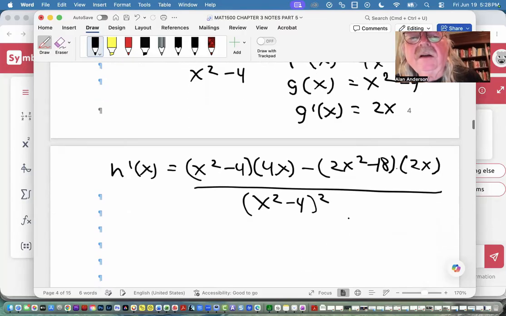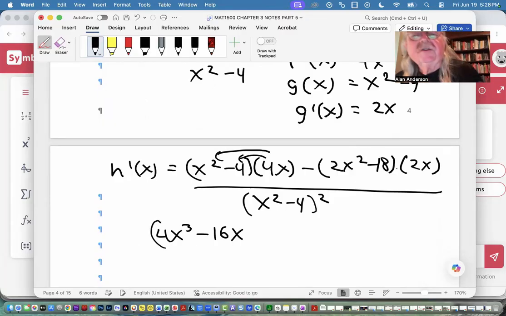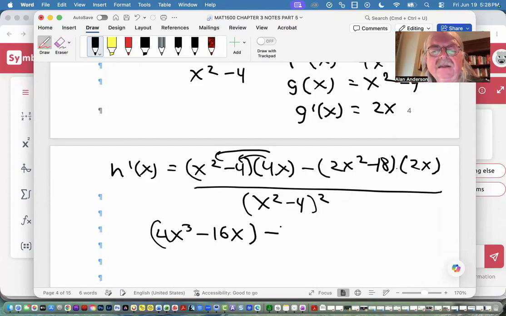Now, keep in mind, our interest here is in finding out the values of x at which this expression is equal to 0. So let's do this. I distributed the 4x across these two terms. So 4x cubed minus 16x minus, now here I do the same thing with 2x, 4x cubed minus 36x.